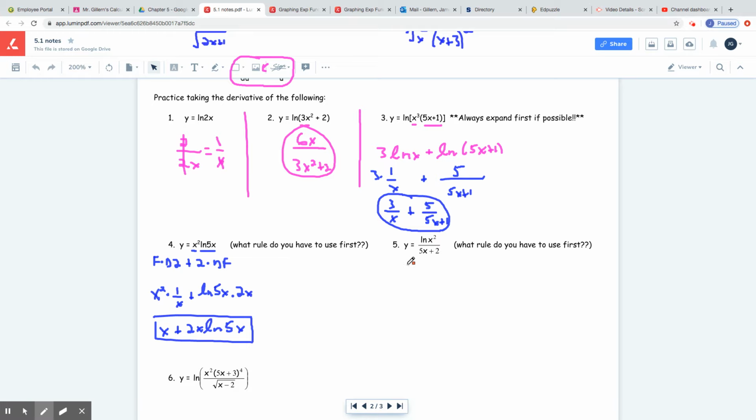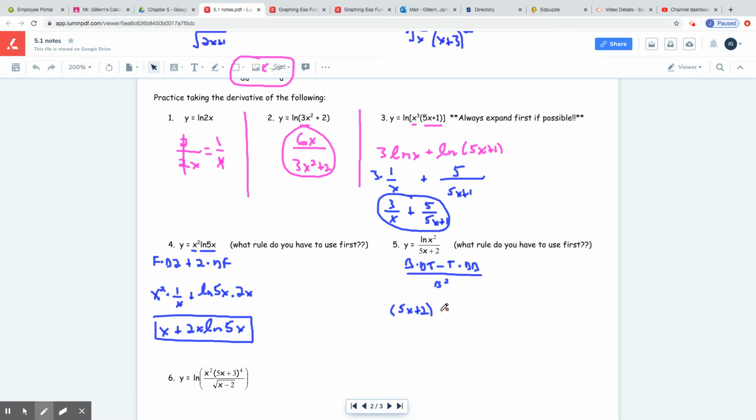So the quotient rule, in case you forget, is the bottom times the derivative of the top minus the top times the derivative of the bottom all over the bottom squared. Okay, so the bottom is 5x plus 2 times the derivative of the top. All right, so what is the inside here is x squared.